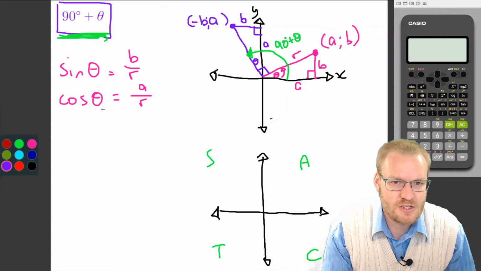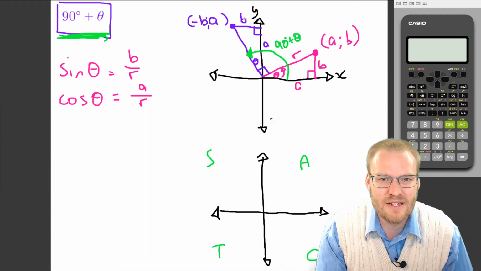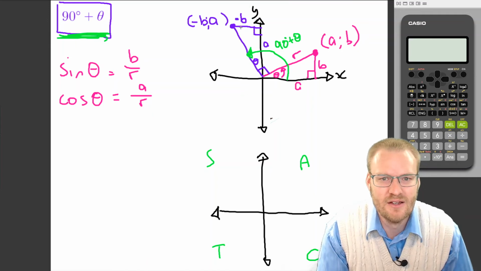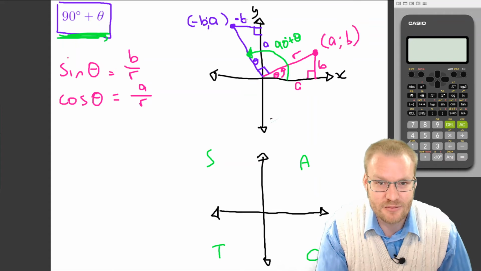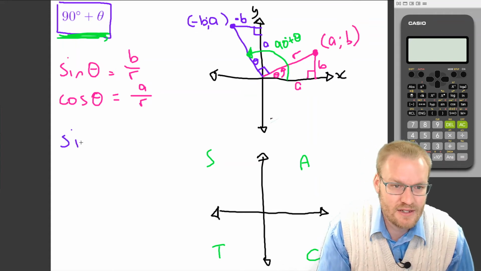Now let's look at this triangle up top here. I'm going to add one thing that may seem strange, and I'm going to call this negative b, even though the side length is b, just to make sure we know that we're dealing with negative b as the x value.